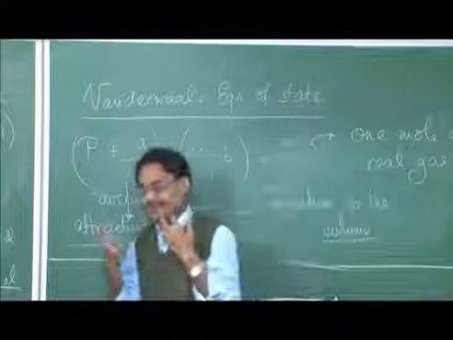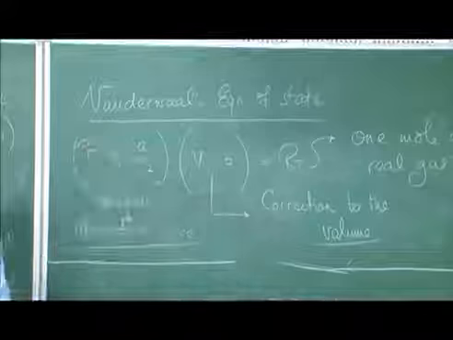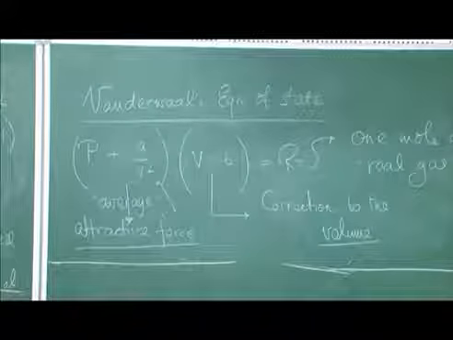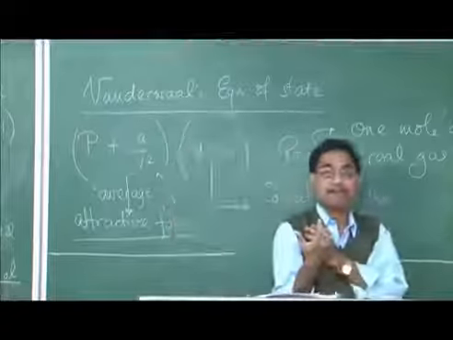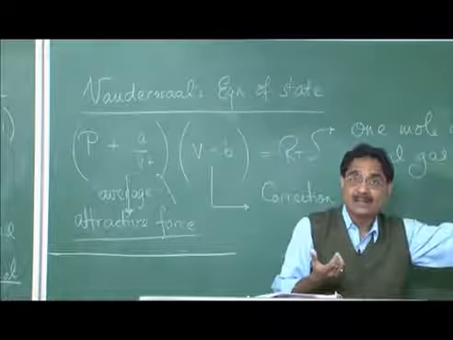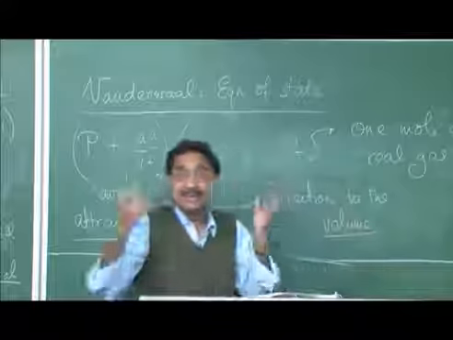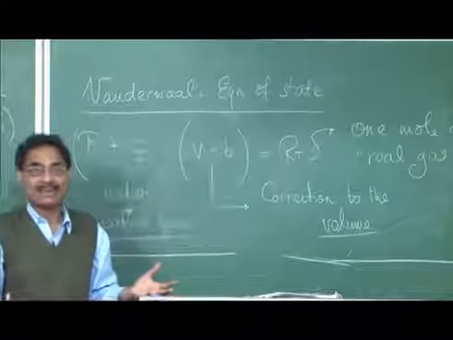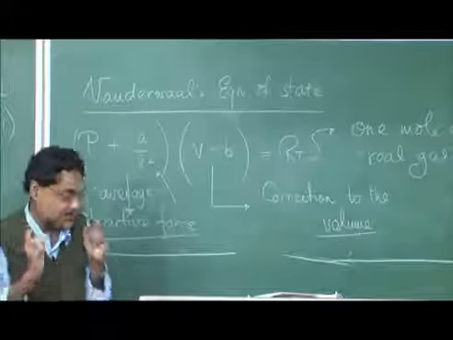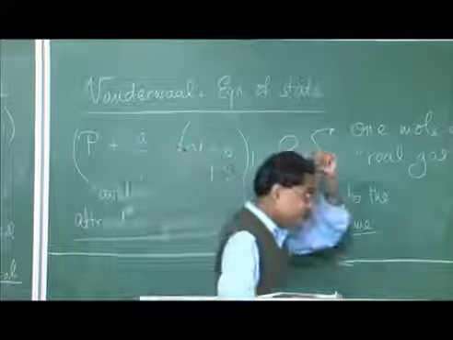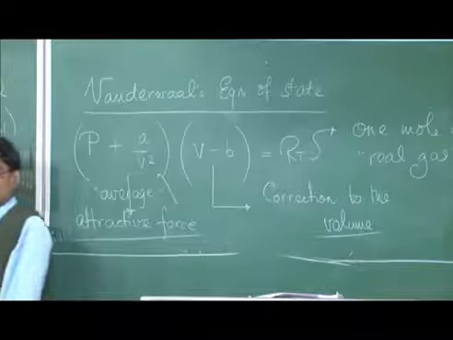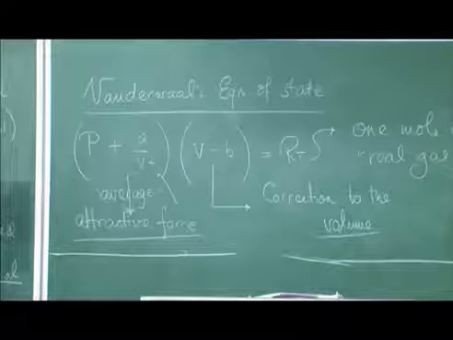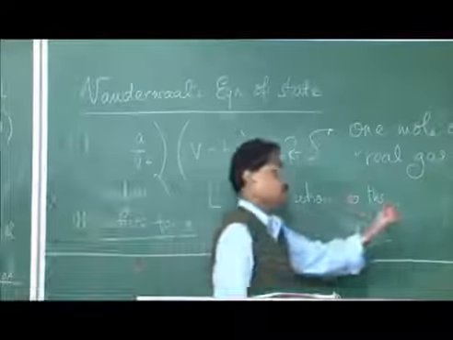When we derived pressure, we assumed no interaction from other molecules, but if other molecules attract the molecules on the wall, then there will be a net attractive force that is going to reduce the pressure. There could be one more situation which I had never considered in my derivation, that is the wall.